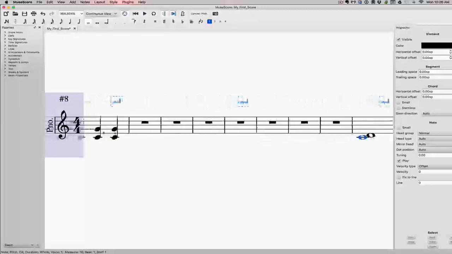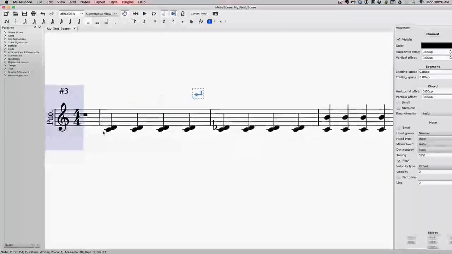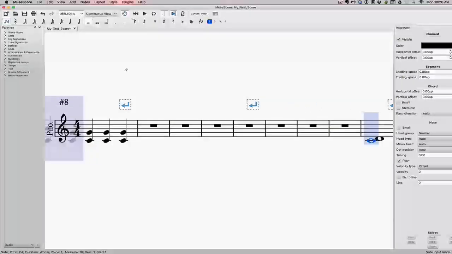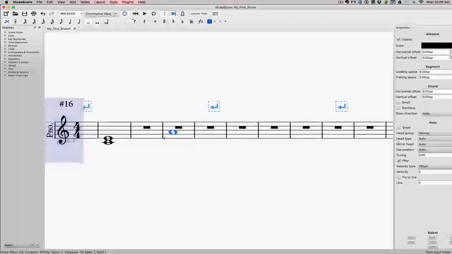Okay, let's look at the next one we had here, which I think was a minor second. Okay, a minor second really has only one easy place it can go, and that is down to a unison.